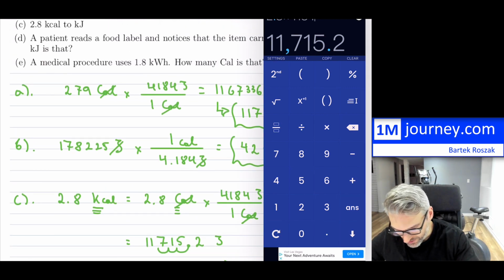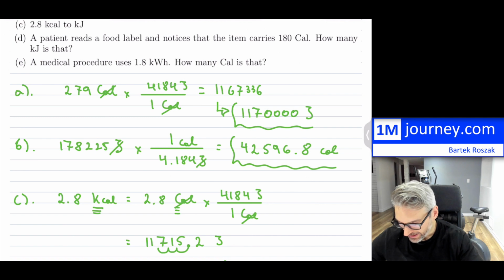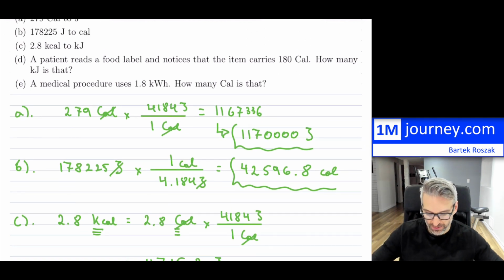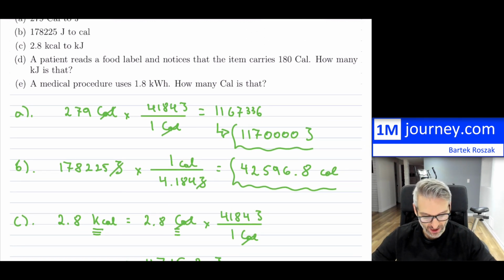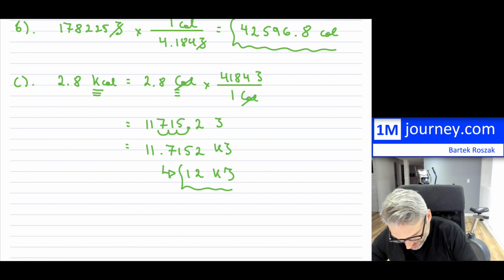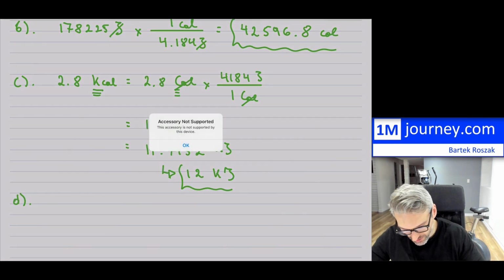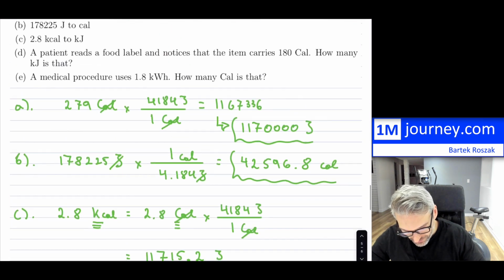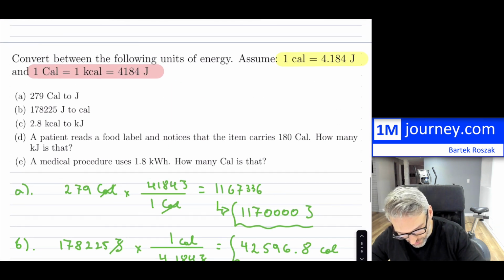Okay, so let's see what else they give us. So part D: a patient reads a food label and notices that the item carries 180 calories. How many kilojoules is that? Well, this is exactly the same thing. Now I'm actually going to try to just show you in here.